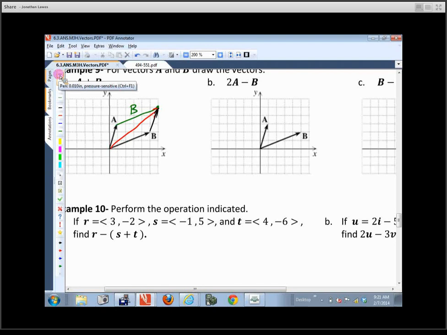It's not bad. So the second A would look like this, right?